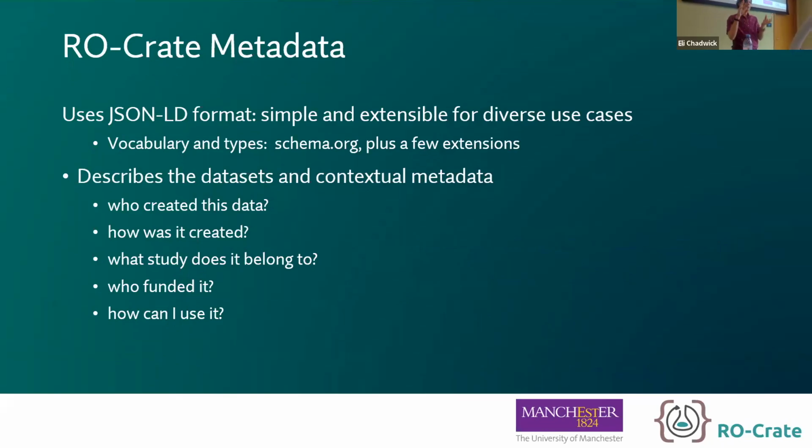The vocabulary it's based on is schema.org, and then we've extended it with a few other terms picked from other vocabularies. The purpose of this file is to describe the dataset and the contextual metadata for that dataset. So who created this data and how did they create it, what study does it belong to, who funded it, what's it related to, and how can I actually use this data?